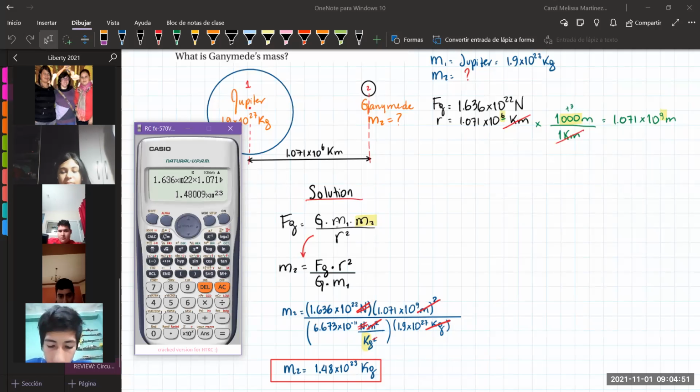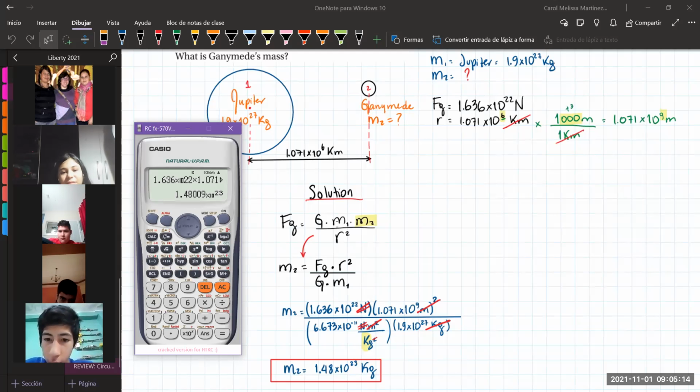Remember, everything on the top multiplies, everything below divides. That's why we say divided by 6.673 and then we divide again by 1.9 exponential 27. If we pass Jupiter's mass to mass 2, then the formula will change.